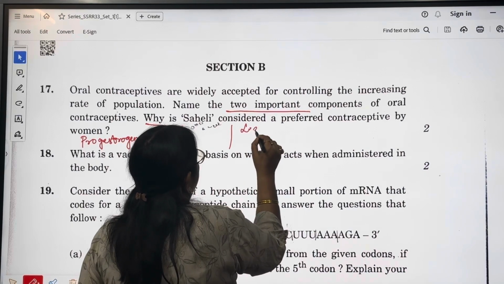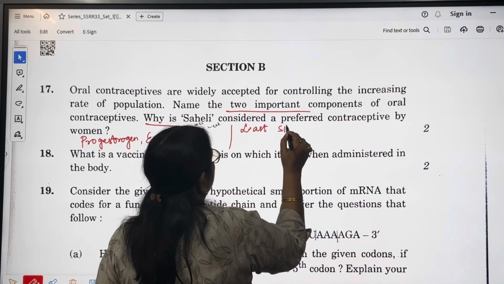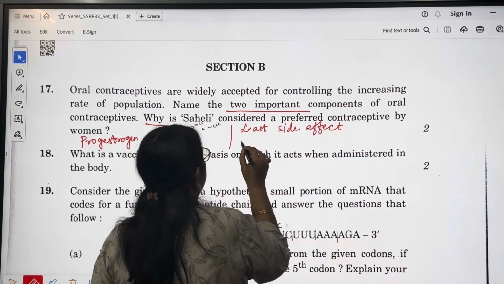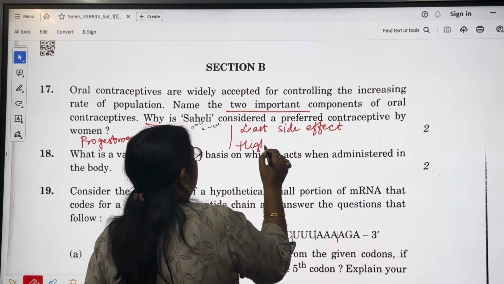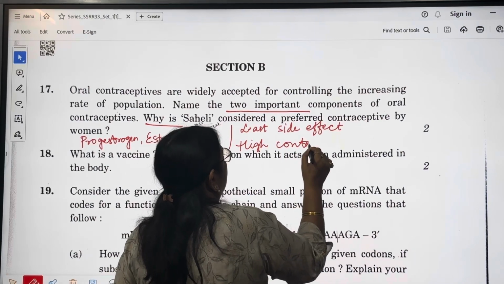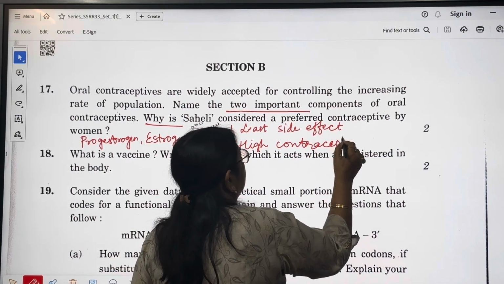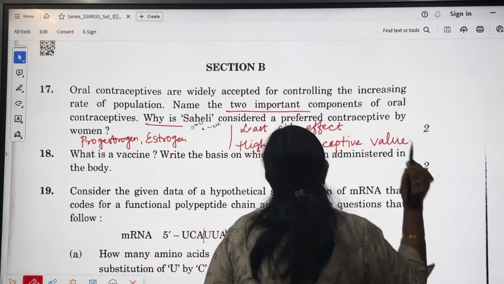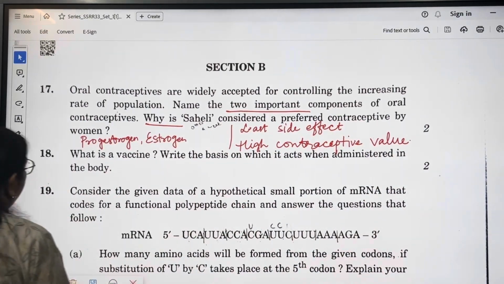Least side effects and high contraceptive value. So these points were to be written here.